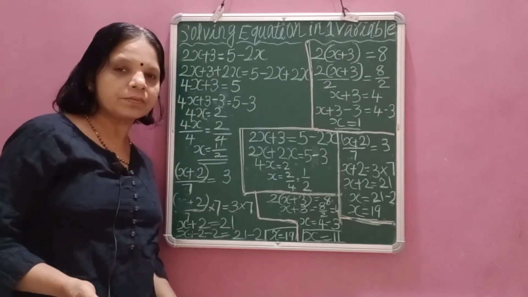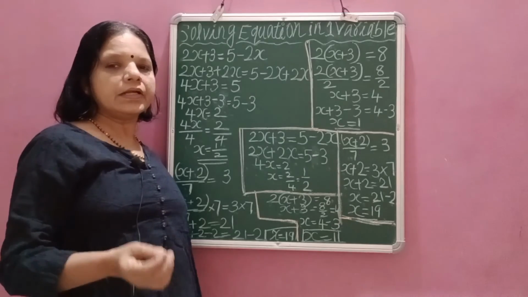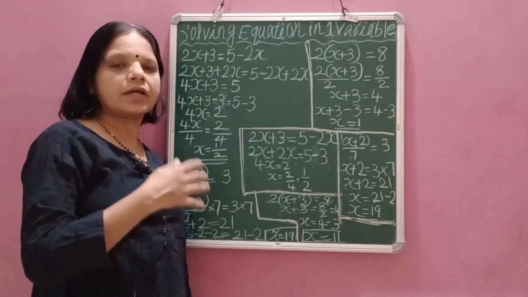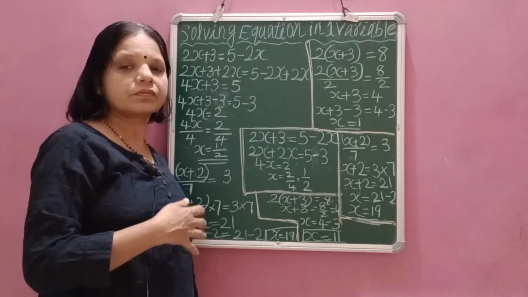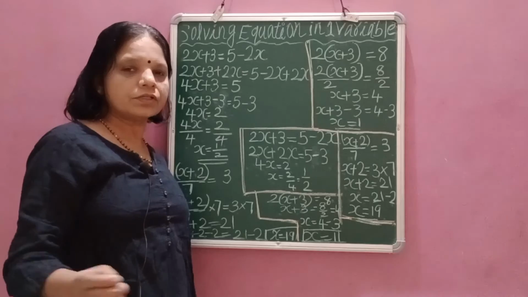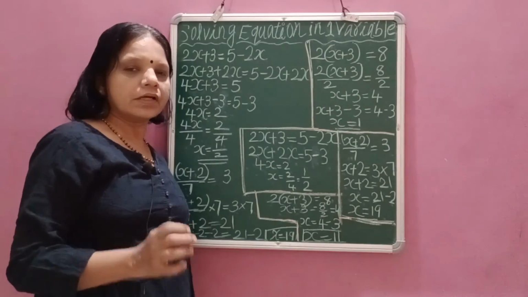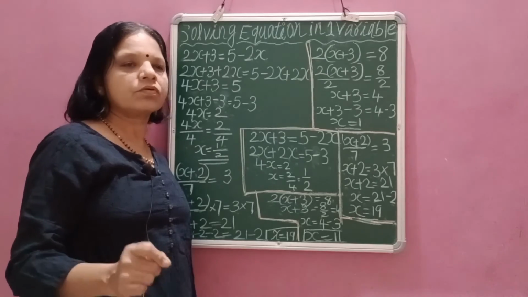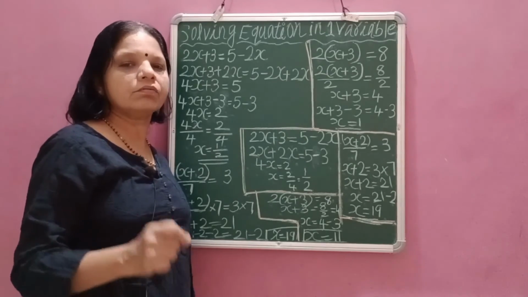And also remember, all the variables in RHS bring to LHS, and all the numerals in LHS bring to RHS. We should get the equation in the form x equal to, because we have to find the value of x.